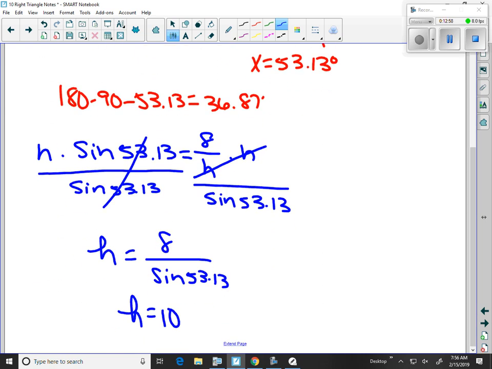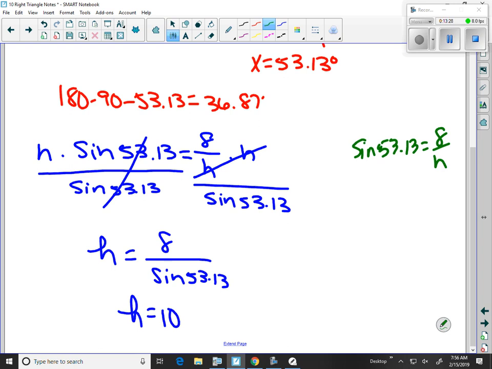Okay, so I want to show you something, because you're not going to need to do this process every single time. You're going to see a shortcut. If we look at our original, let me rewrite that. Our original was sine of the angle equals opposite over h. What you notice, hopefully, is that at the end, all I did is switch my sine function with my hypotenuse, my denominator.